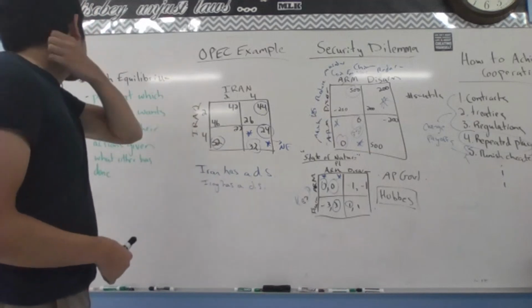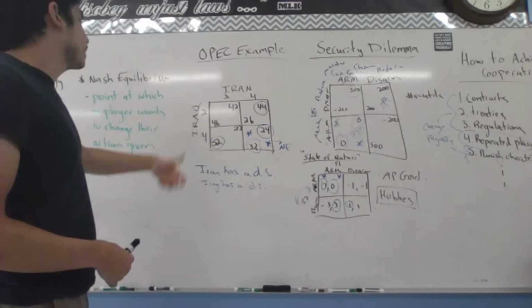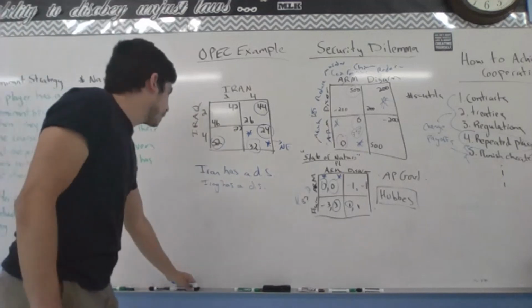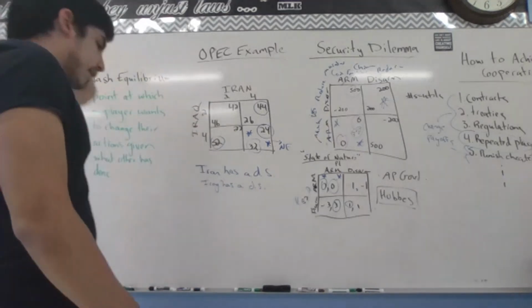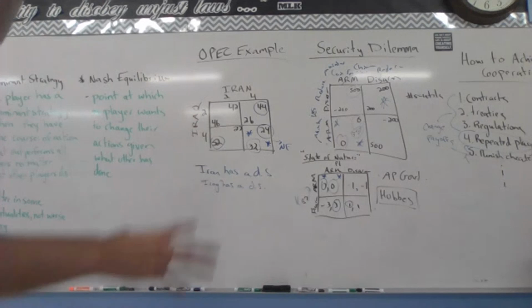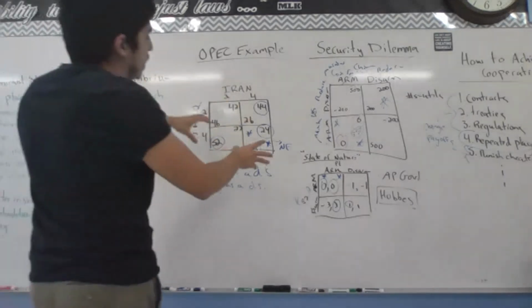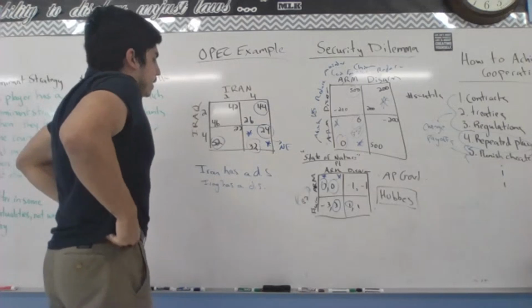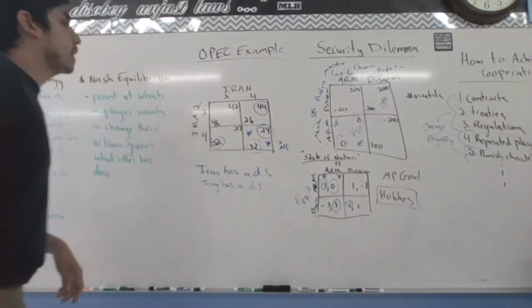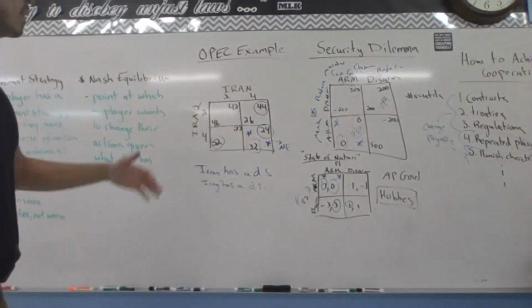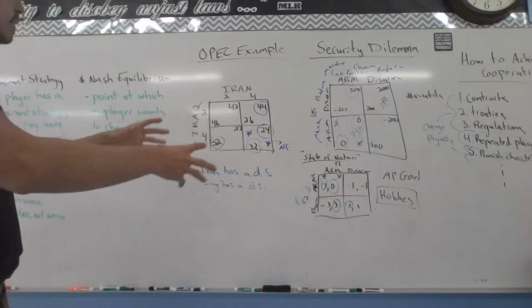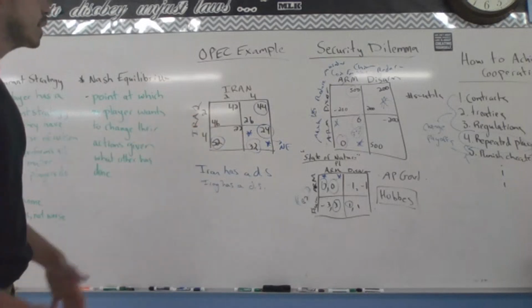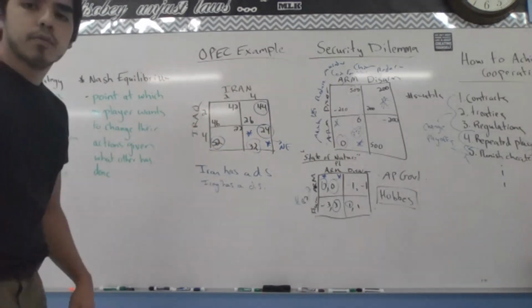Sometimes maybe Iran thinks that Iraq is increasing their production of oil, but maybe they're not, maybe it's someone else. So how do you respond to that? So there's a sort of fragility in cartels that exists, or that can exist, I should say, but there is some potential for cooperation. And so this allows us a complicated set of tools to think about how firms collude and cooperate with one another.